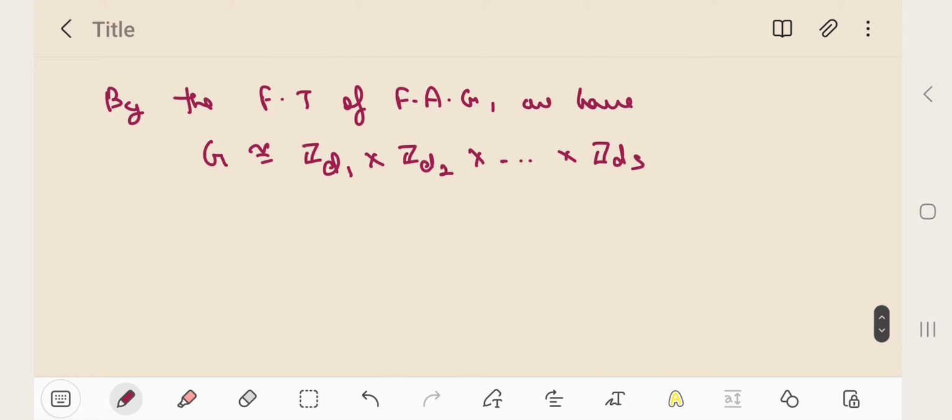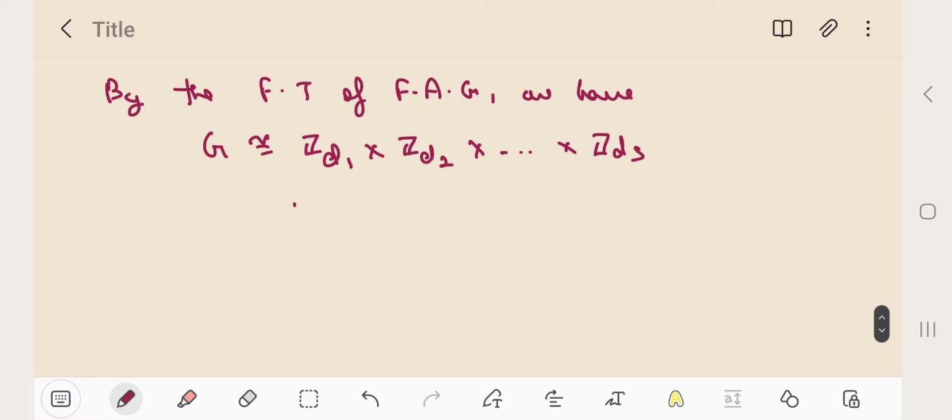Each of these is a cyclic group of order d1, d2, till ds, such that d_j divides d_k for all 1 less than or equal to j less than k less than or equal to s. So this is the procedure we follow. We talk about divisibility, if you recall. Alright, so this comes out of the fundamental theorem of finite abelian groups.